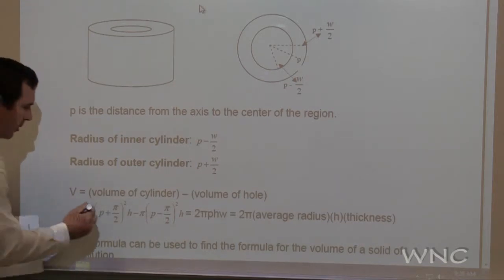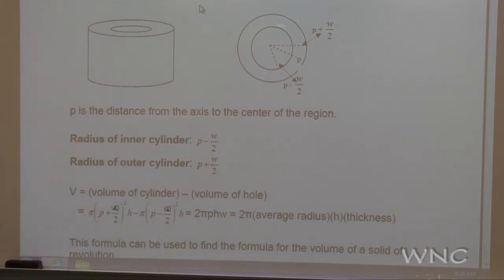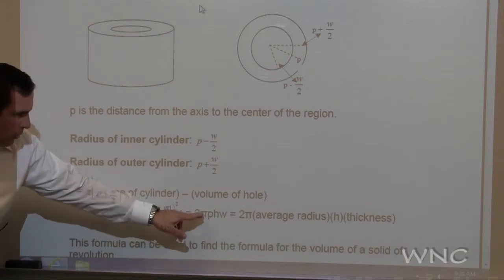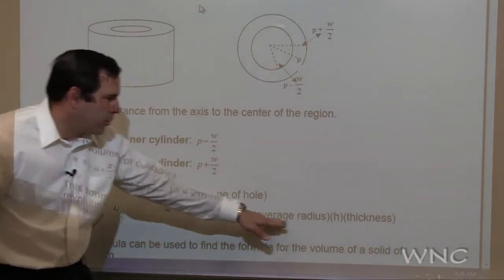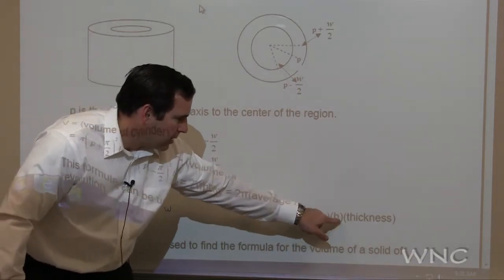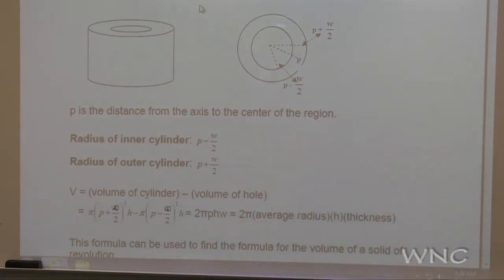Yes, this is supposed to be a w here. This is a mistake. That's a w. I apologize. So this works out to be 2 pi times p times h times w, which is 2 pi times the average radius times the height times the thickness. Let me scroll this up and put this together.